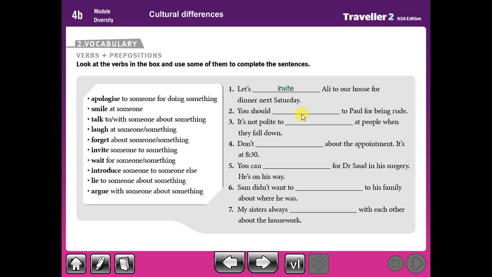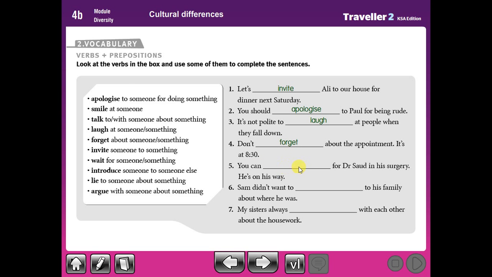You should apologize to Paul for being rude. 3. It's not polite to laugh at people when they fall down. Don't forget about the appointment. It's at 8:30.